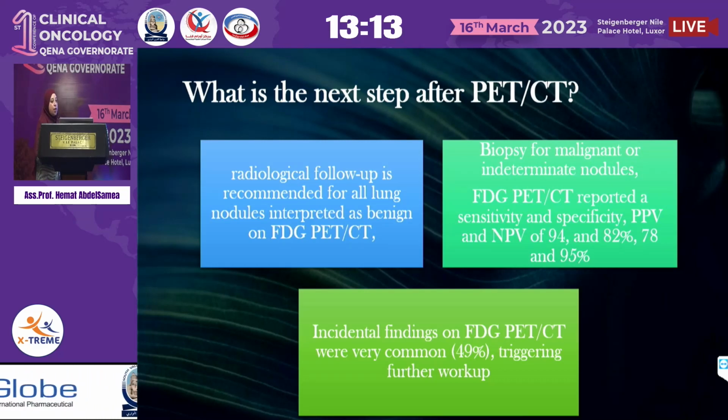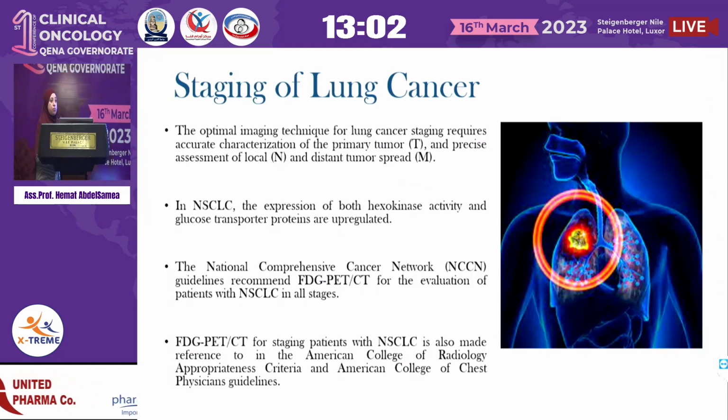Other incidental findings on FDG PET-CT are very common and should trigger further workup. For staging of lung cancer, the optimal imaging technique should assess the primary tumor, the metastatic nodal lesions, and also distant metastasis.